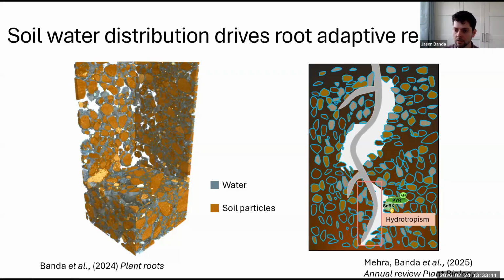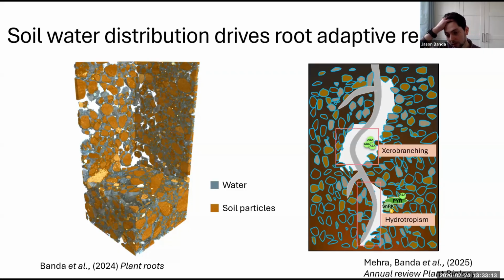A more recently studied one, within the University of Nottingham as well, is xerobranching, where they're looking at inhibition of branching in these so-called air gaps. Where there's no water available, the root can actually block the formation of laterals, and this will save a lot of carbon and other fuel sources that would otherwise go to waste if you branch towards somewhere where you cannot pick up any water or nutrients.